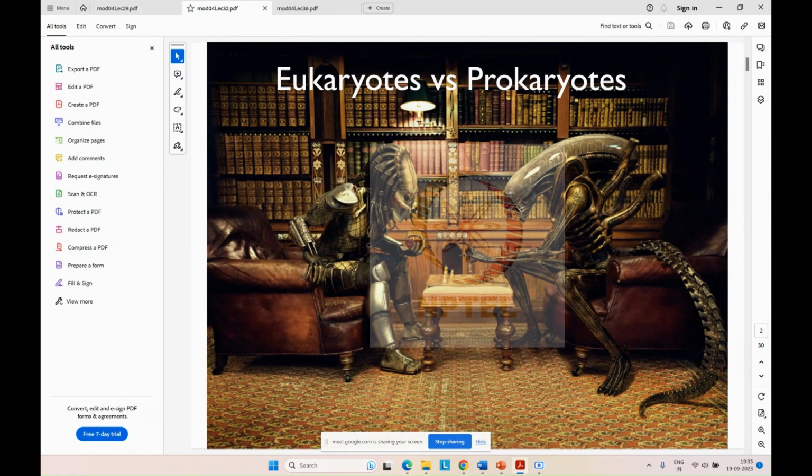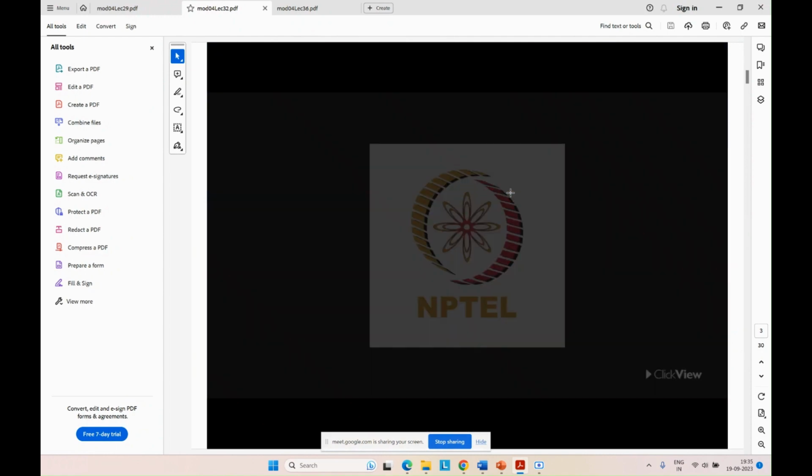You also have a nucleus which is membrane bound, and the nuclear contents are placed inside this only. They are not floating around inside the plasma. These are the basic differences.